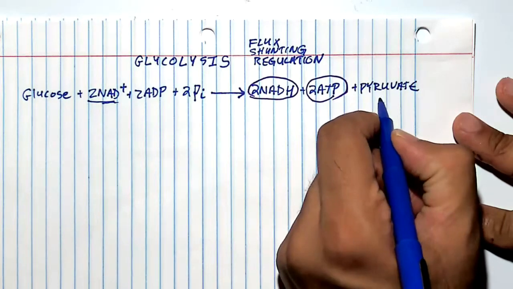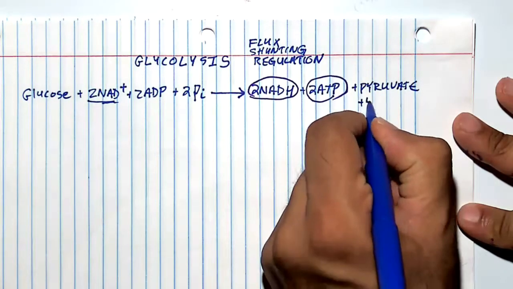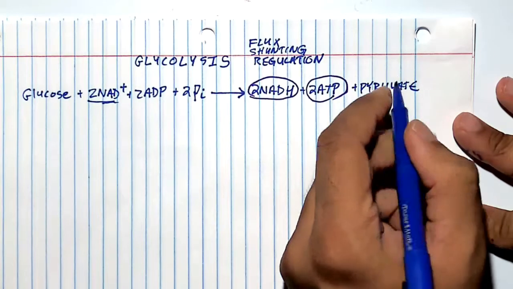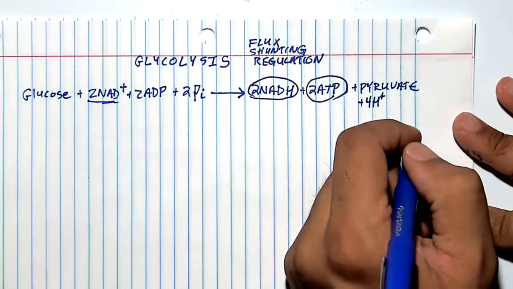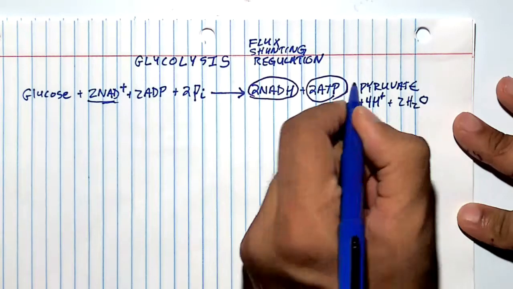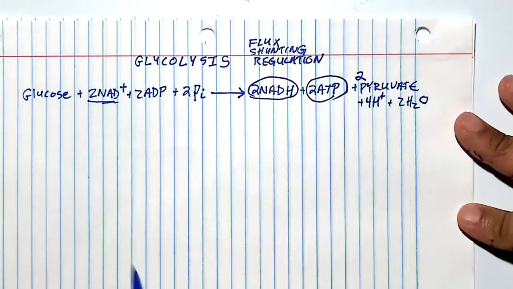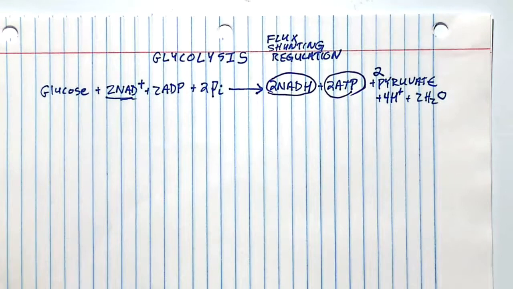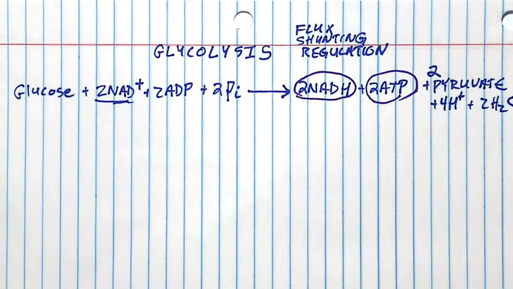And there is a 4 protons are given off, and an H2O is given off, 2 H2O. Okay, actually you produce 2 pyruvate for every 1 molecule of glucose that enters into the glycolytic pathway.